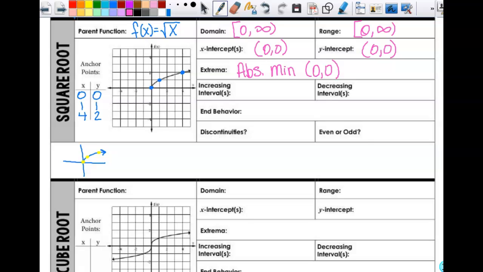But given where that absolute minimum is, there's nothing to change from, right? Which means that it doesn't change. So it's either increasing the whole time or decreasing the whole time. Leo, which one is it? Increasing. So what would my interval look like? Very good. And then I'm decreasing none.